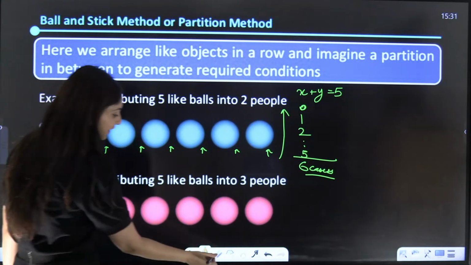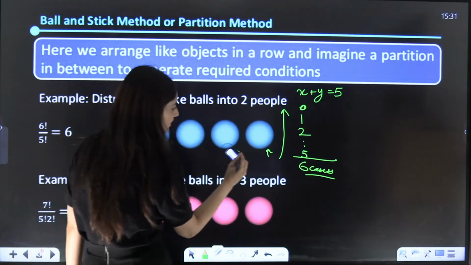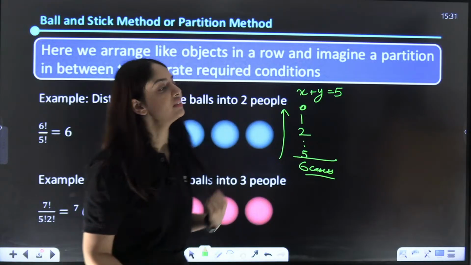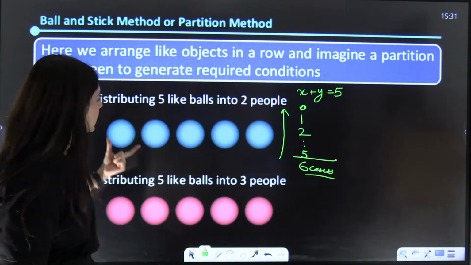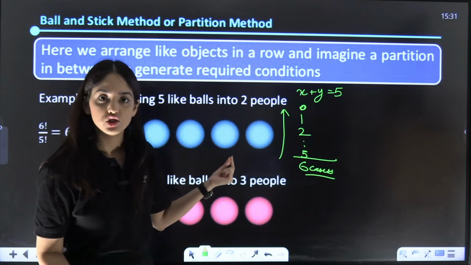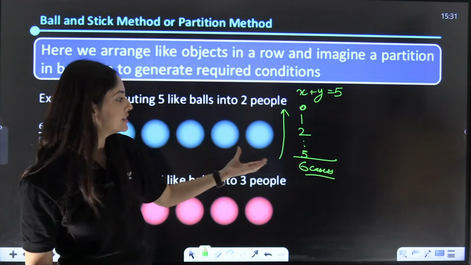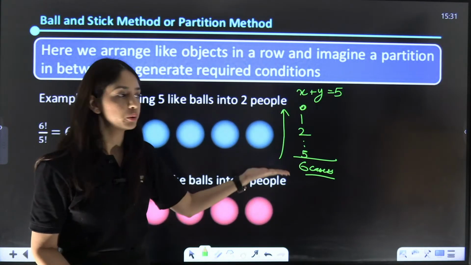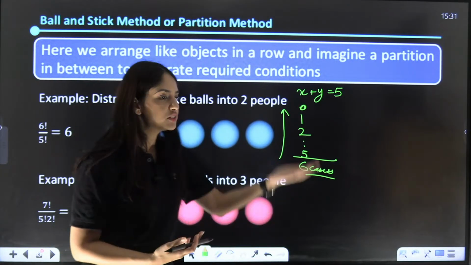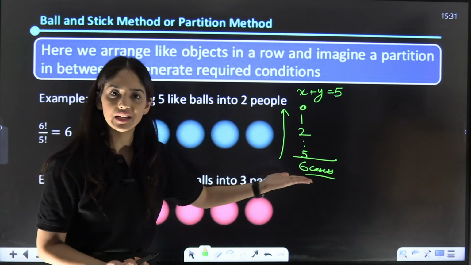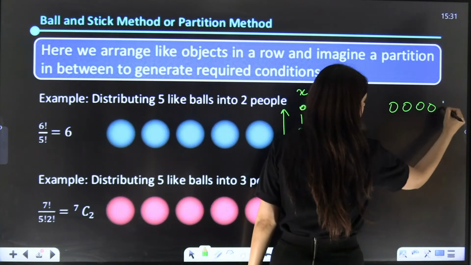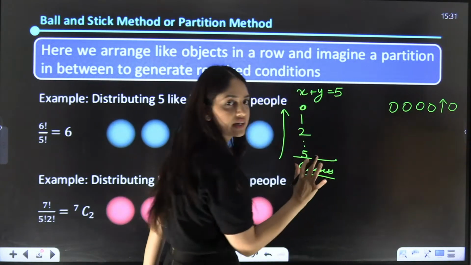Another way of looking at it is, now this is the most important one. We have 6 things to arrange. We have 5 balls and 1 partition. So in total we have 6 objects to arrange. As soon as we find one arrangement of these 6, let's say it comes out to be this arrangement, this is a unique arrangement.